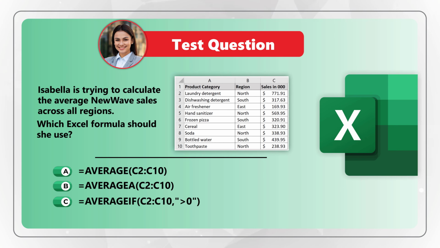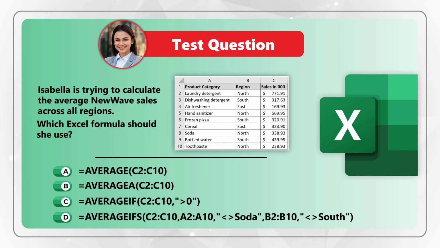And last but not least is AVERAGEIFS, and then as the arguments you see the range C2 through C10, second argument is range A2 through A10, third argument is not equal to D, fourth argument B2 through B10, and the last argument is not equal to South. Take a close look to see if you can come up with the right answer.